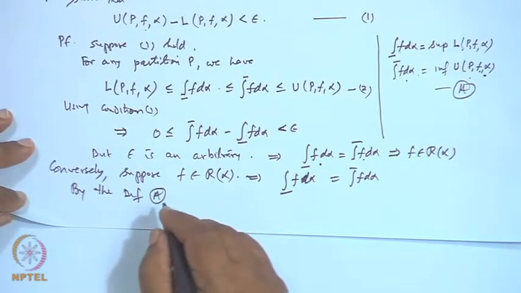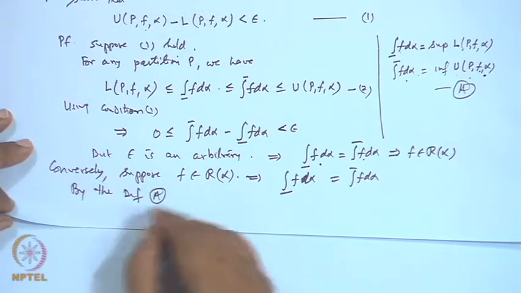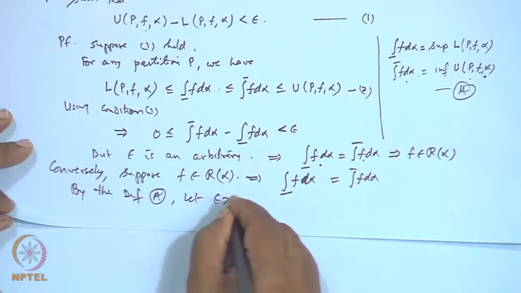By the definition, we can say that let epsilon greater than 0 be given.